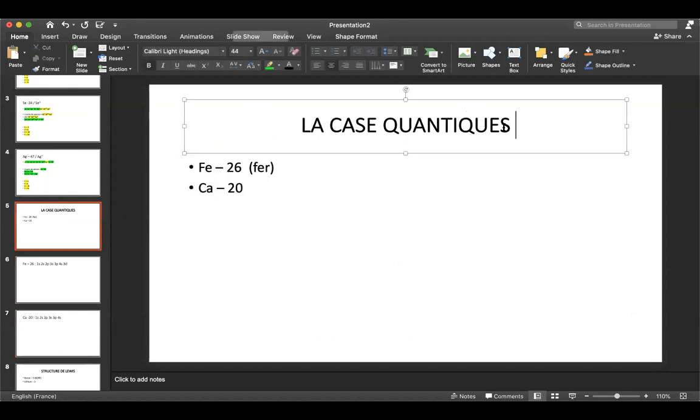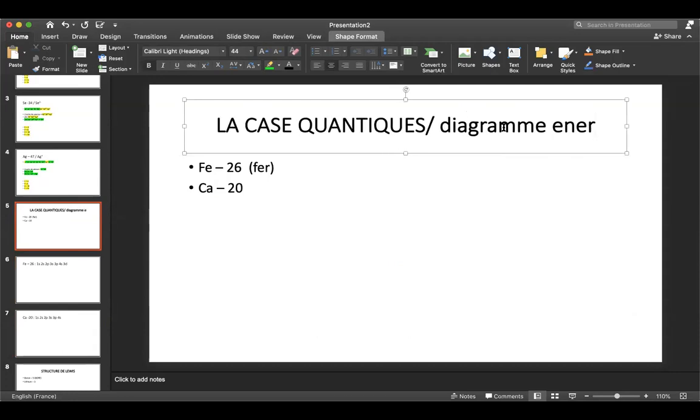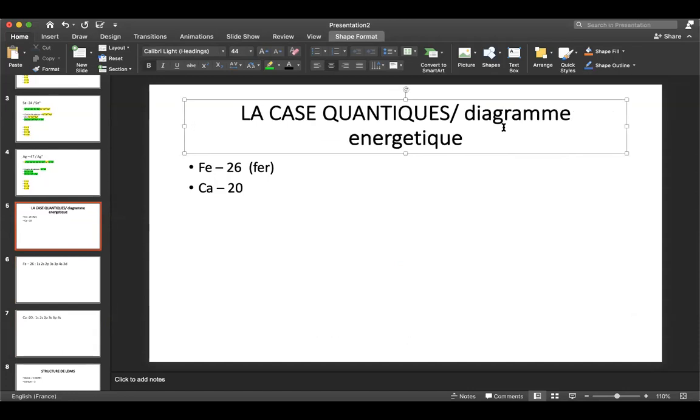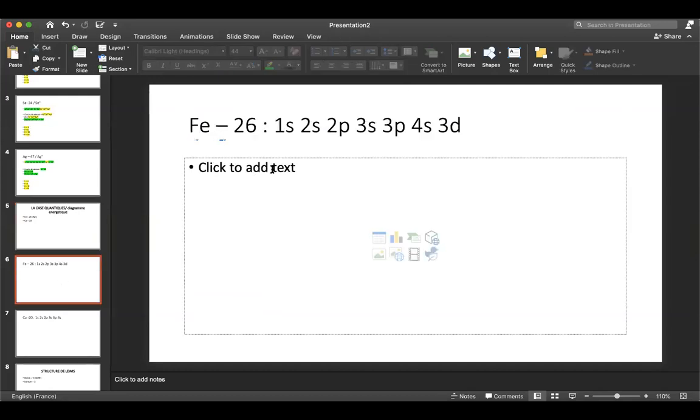C'est la même chose. So diagramme, because it is the position énergétique. Anyway, ça va aller.